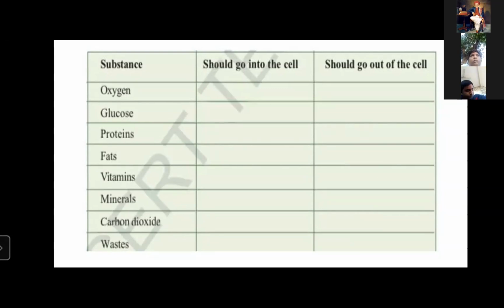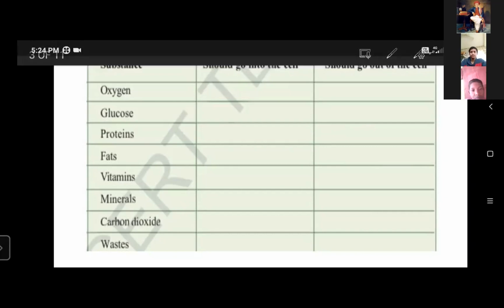Then the cells release carbon dioxide, and the hemoglobin carries the carbon dioxide to the lungs, where it is released. It is the excretory product. Next one, waste. Waste is also an excretory product, and it should go out of the cell. Next.